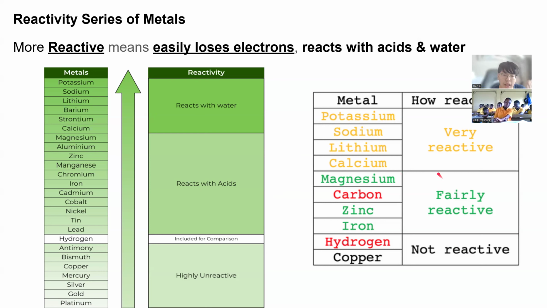So we have potassium, sodium, lithium, and calcium, some of the very reactive metals. We have some less reactive ones like copper and hydrogen. Just remember that some metals are very reactive, like these ones, and some metals are not that reactive.